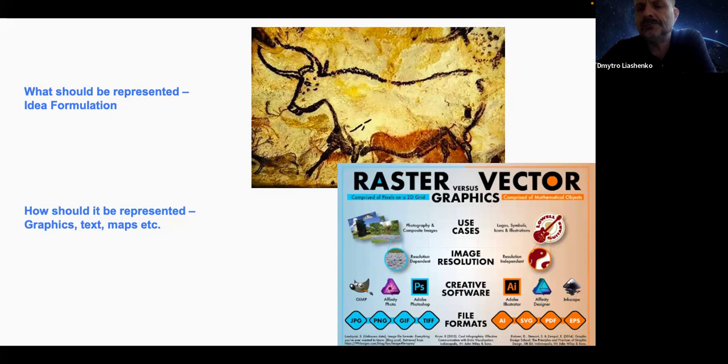We use vector graphic for creating logos, symbols, icons, and illustrations. And here you can see in the slide usual data formats for representation, raster and vector data.